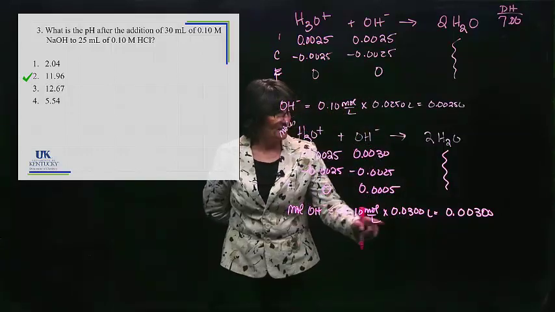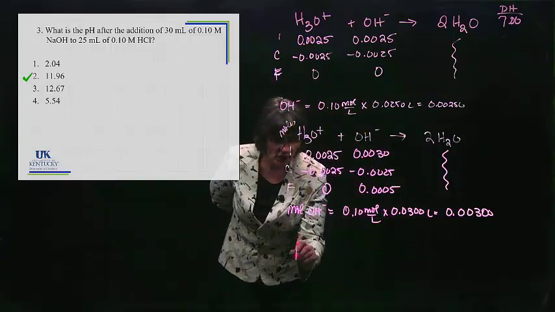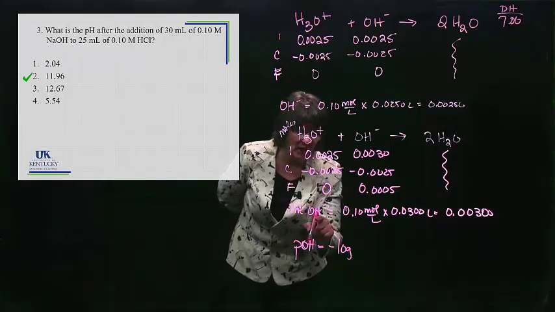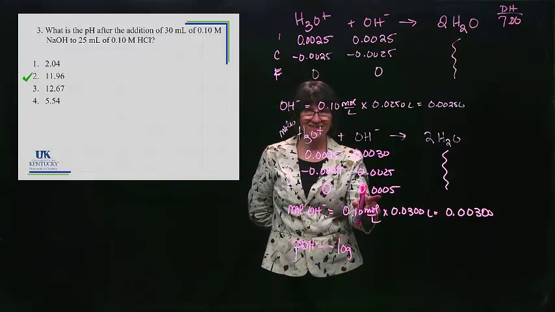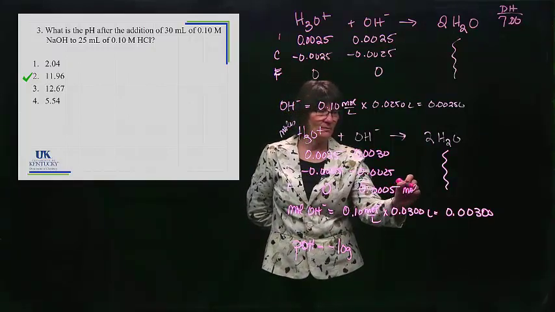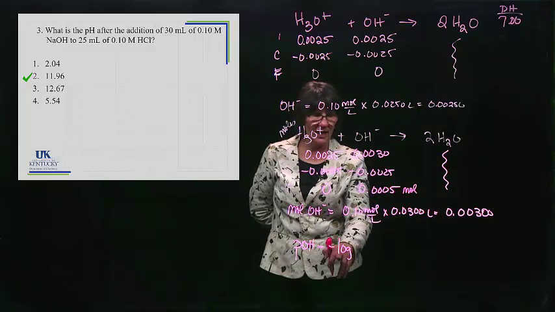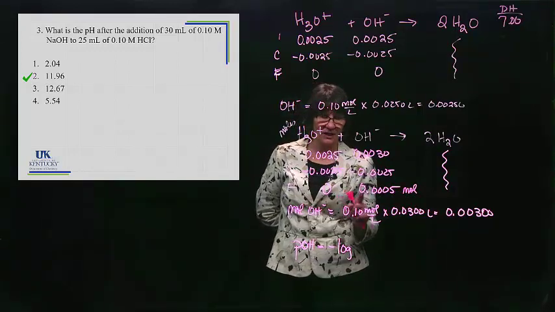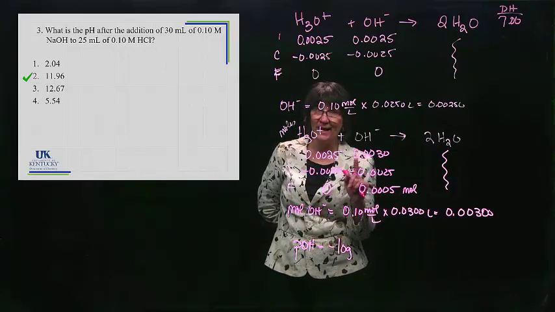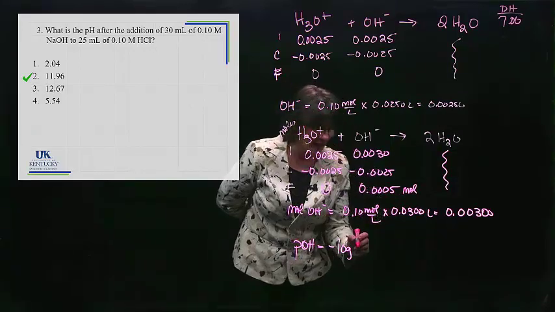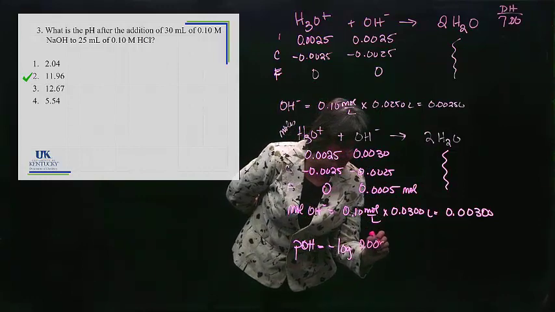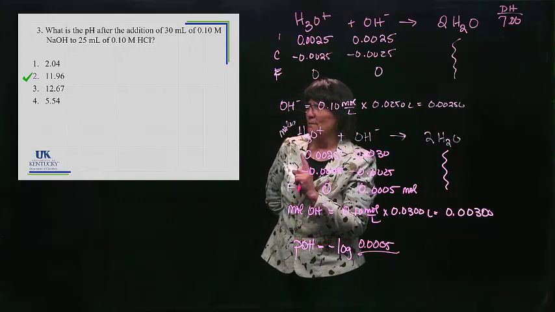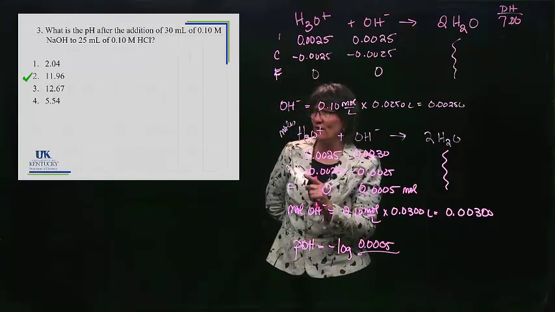Now, we know that this is the OH concentration. So I could get the pOH first by taking the negative log of the concentration of hydroxide. This is not the concentration. This is moles. So those of you who took the negative log of 0.0005, you might have got the wrong answer because you took the negative log of a mole instead of a molarity. We need the moles divided by the volume. Well, I had 30 milliliters of the one and 25 milliliters of the other.